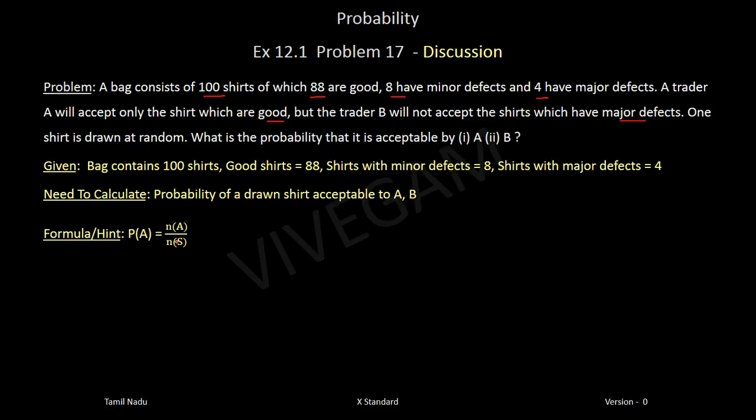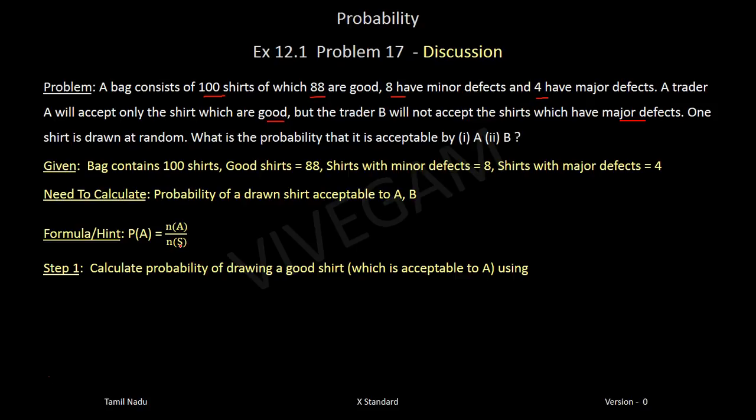Probability of A equal to N of A divided by N of S. So here for the good shirts it is the number of good shirts divided by total number of shirts. And the probability of selecting a major defect will be number of shirts with major defect divided by total number of shirts. Okay, first step.